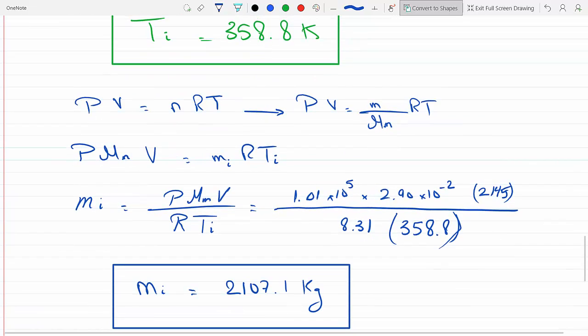And once we know the temperature inside, it's just a matter of plugging that back into the ideal gas law to figure out the mass of the air inside. So I just used the ideal gas law inside. I know the pressure has to be the same. And by the way, that's an argument I used on the first part too, because the pressure is the same inside and outside for equilibrium. And that gave us the mass of the air inside the balloon.